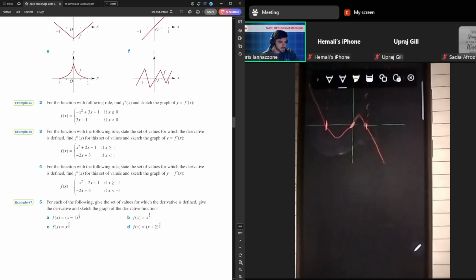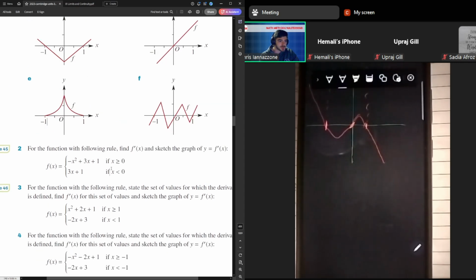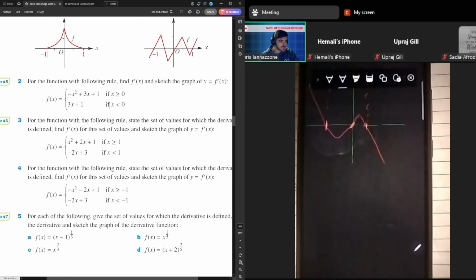But okay, that's that. Part F was pretty straightforward, just all jagged edges. There's sketch F dash, except this time they're giving you the piecewise instead of a graph to work with. That's just piecewises.